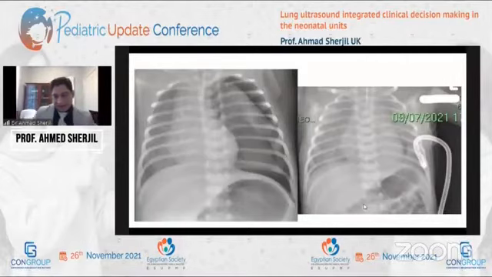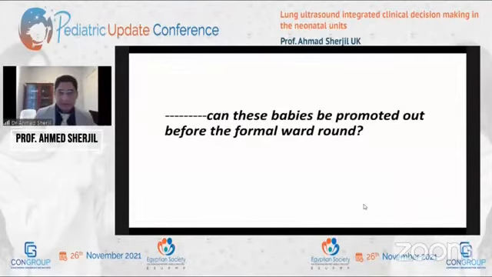As the team got busy with this, I moved on to the next baby, two babies who needed to be promoted. In a busy NICU day, there are lots of babies who could be promoted, and one free cot matters.